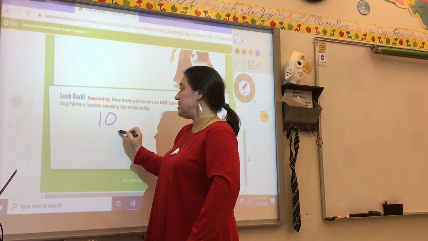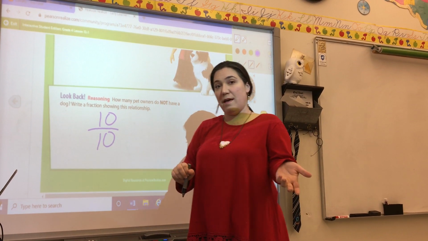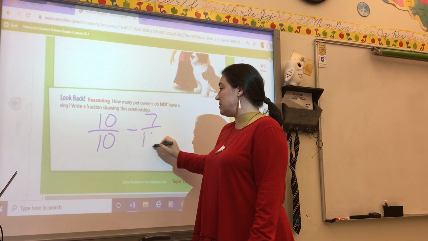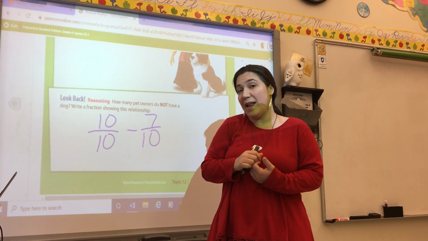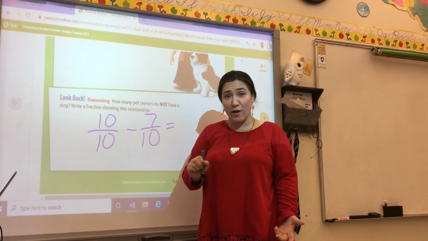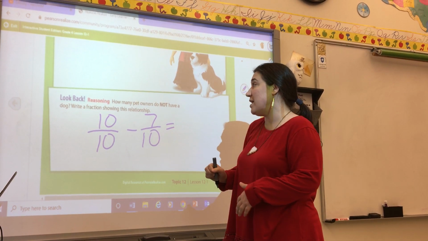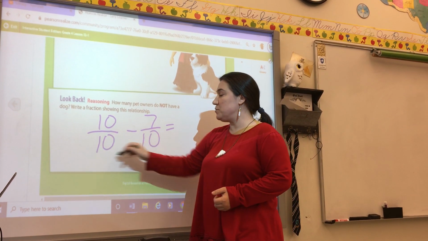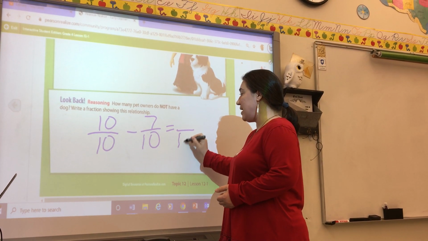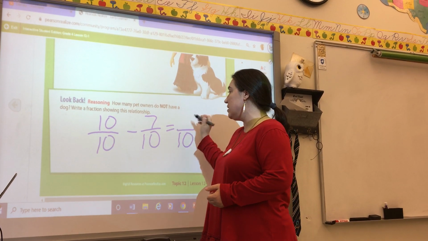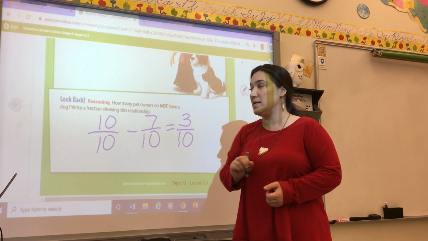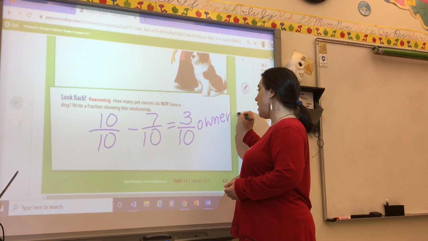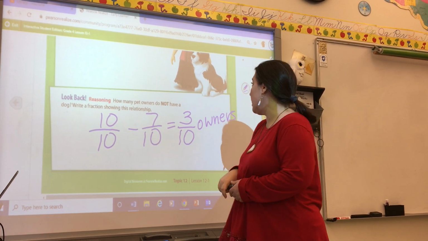I could say if I have 10 out of 10 owners altogether, if I subtract the 7 owners that had dogs, then however many are left over would be my non-dog owning people. So when I'm subtracting, whatever's on the bottom remains my denominator, and then I just have to subtract my numerators across the top. So 3/10 of my owners, gotta have units, right, do not have pets.